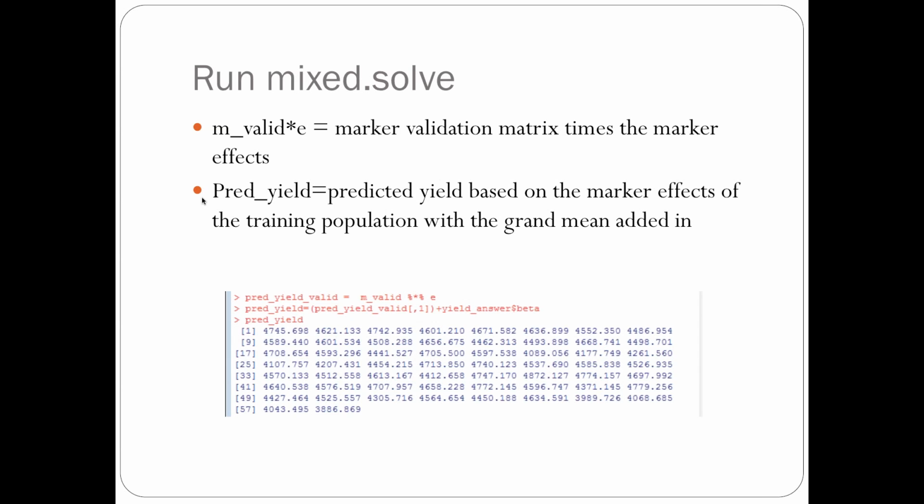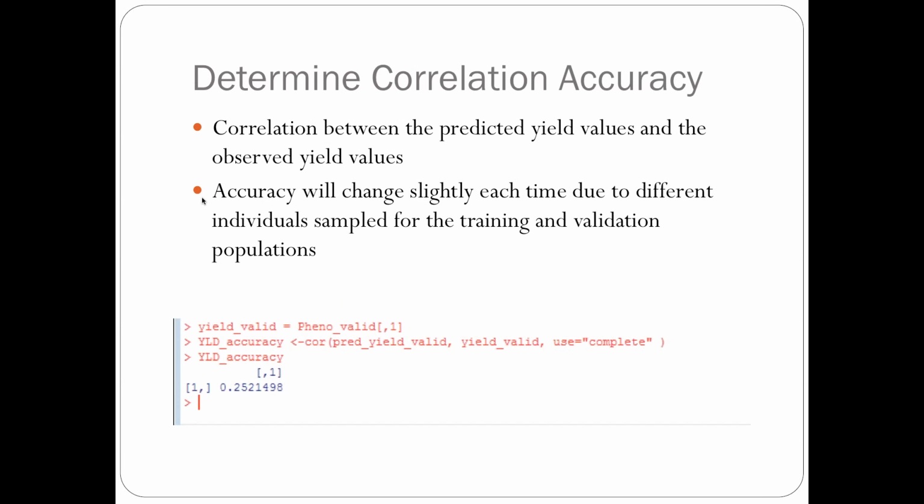And then we can compare those to the observed yields that we saw actually in the field. So in order to determine the correlation accuracy, we use the cor command, and I set the yield validation as the first column of the phenotype matrix that we put in before, and correlated that to the predicted yield values.